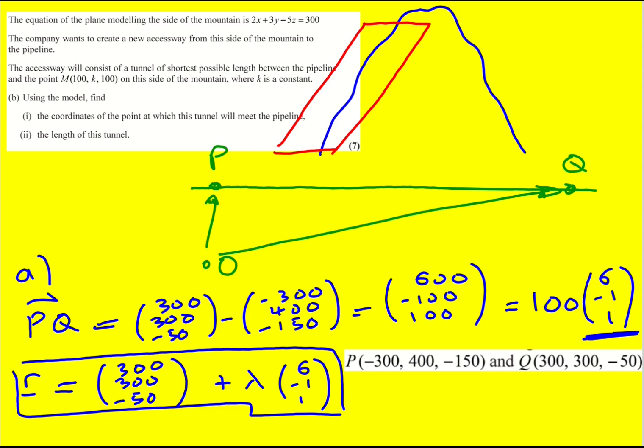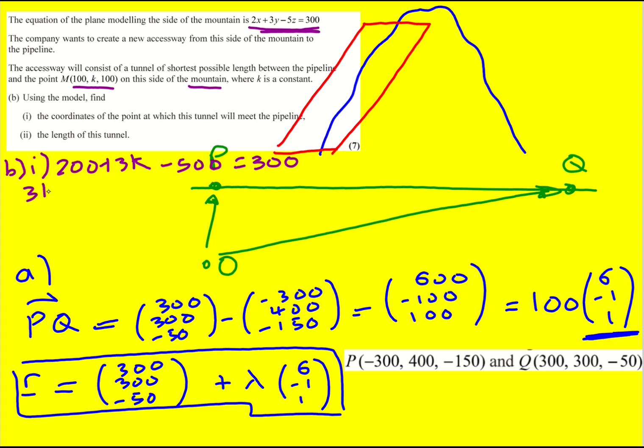Okay, so what we first of all need to do is work out the value of K. But remember, we know that this is actually on the mountain, so I can sub in to here. So it must be that 200 plus 3K minus 500 is equal to 300.